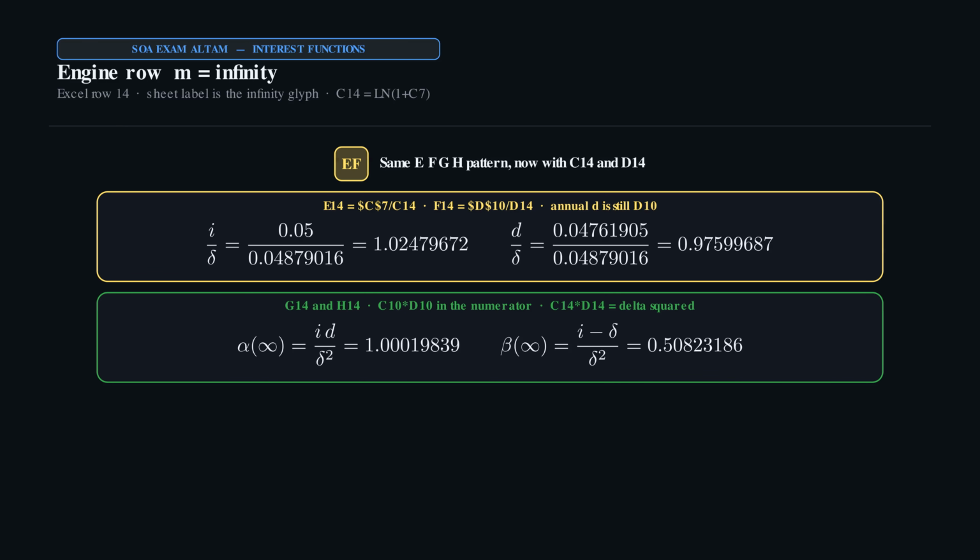Alpha of infinity is i d over delta squared, 1.00019839. That is the ceiling of the alpha column, still barely above 1. Beta of infinity is i minus delta over delta squared, 0.508238186. So beta climbs from 0 at M equals 1 to just over 1/2 in the continuous limit.